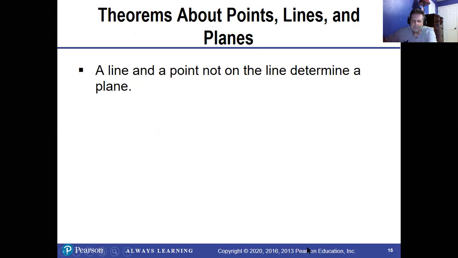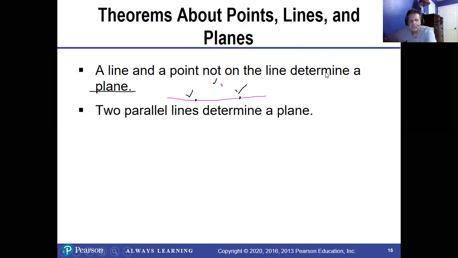Now, the reason that works is that any line has 2 points, but I need 3 to make a plane. So I have 1, 2, and 3. And that is why that works.